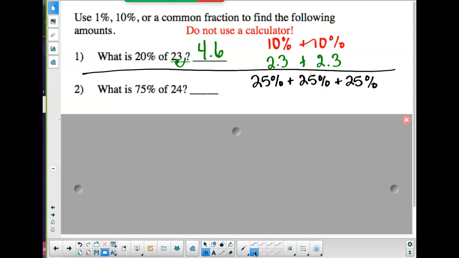Or 1/4 of 24? 1/4 of 24 is, Lily? 6. So if 1/4 is 6, and another 4th is 6, and another 4th is 6, all together, 6 plus 6 plus 6 is 18. There's our answer.